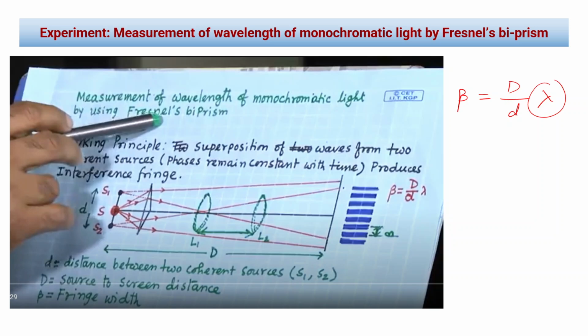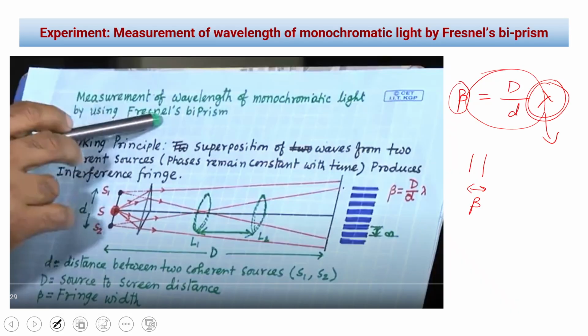So when we use a spectrometer with the biprism kept there and see this interference pattern, then using our spectrometer and the Vernier scale, we can measure beta. Once we keep our eyepiece at one position, then another position, the difference between them will give us beta. Capital D is known, small d is known. Thus from this relation we will be able to find the wavelength. Okay, so this was the experiment, and the demonstration is available in this week's lecture. You can go and see it there.